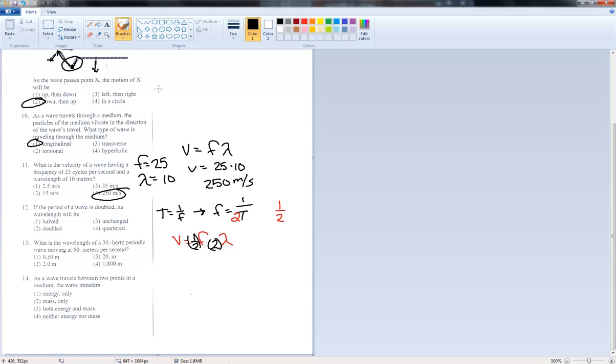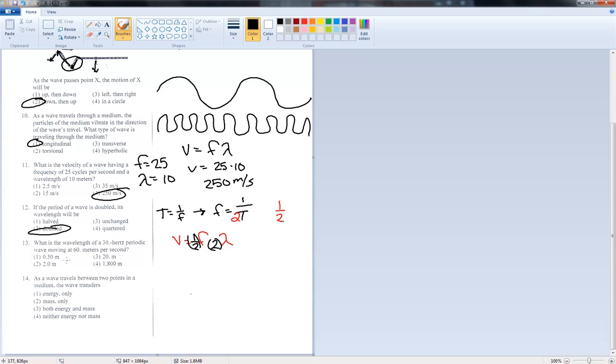If you have a low frequency, that would be like a few amount of waves. That's like a low frequency. Long wavelength, low frequency, long wavelength. High frequency, short wavelength. The waves are short, and there's many of them. So what was it? Doubled.